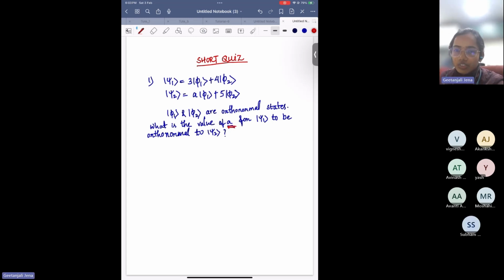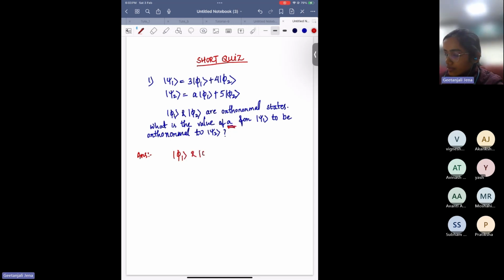It's a simple question. Given phi1 and phi2 are orthonormal kets. These are given.